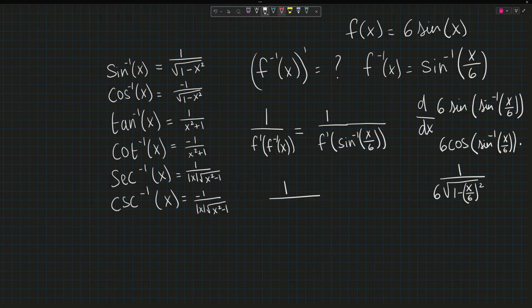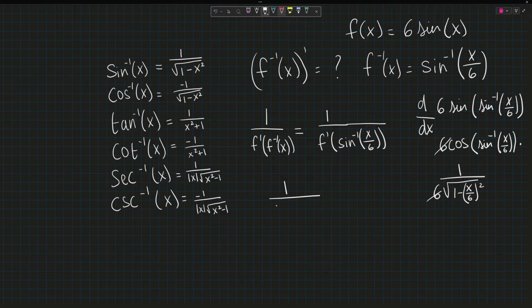So when you do that, the 6's do cancel out, right? So you get cosine of sine inverse x over 6 times 1 over 1 minus x over 6 squared, and all of that over here.